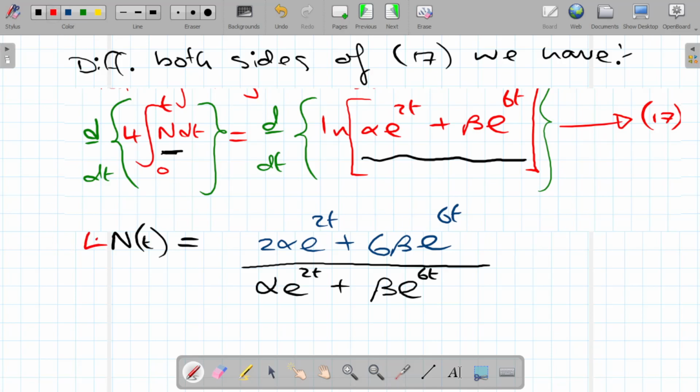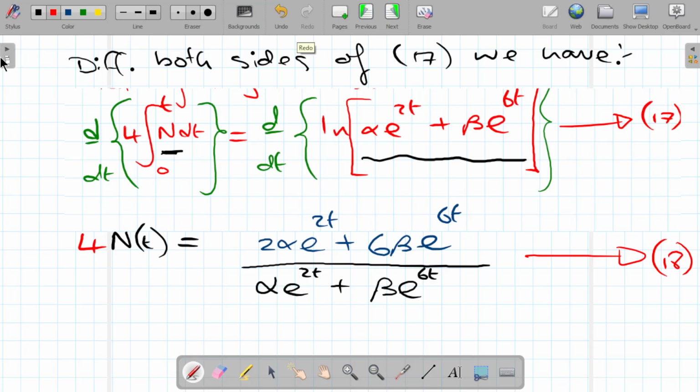I've forgotten to include a 4 at that side, because this 4 comes outside the derivative sign, so we keep the 4 there. We'll call this equation 18. Now we'll simplify that a little bit more.